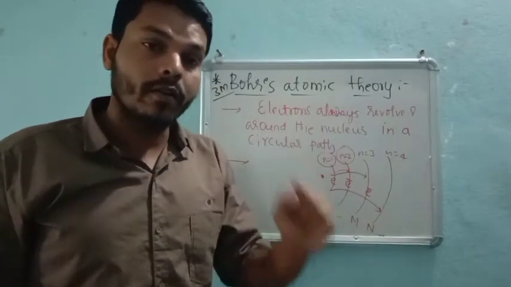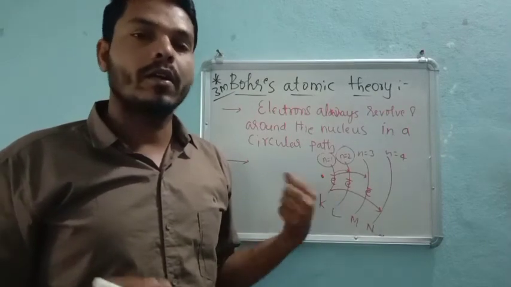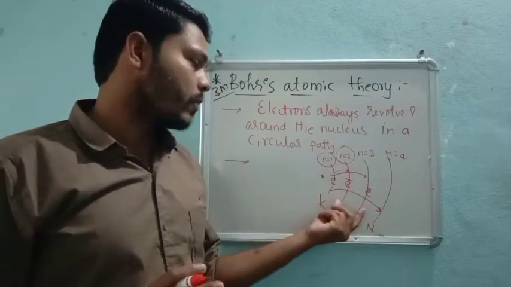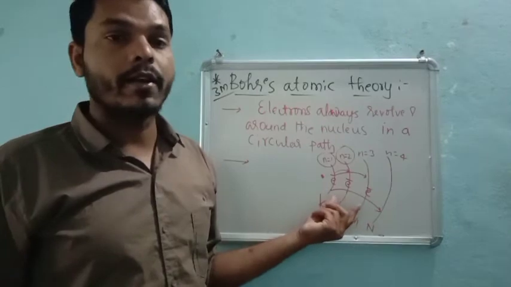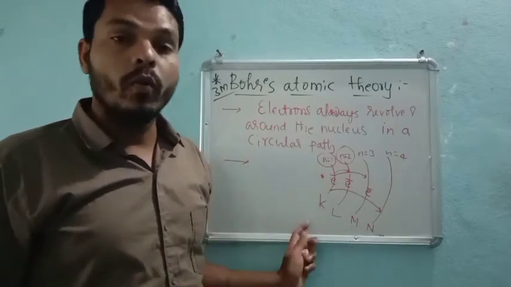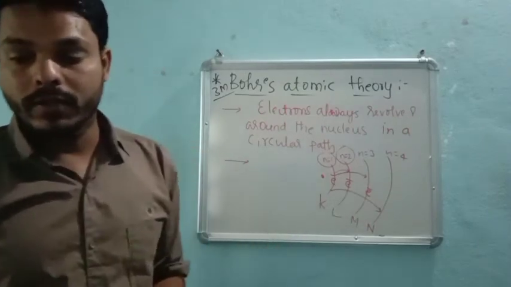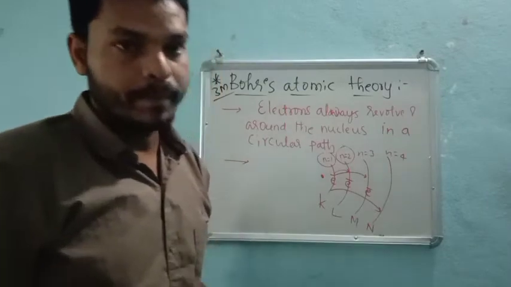Whenever the electron gains energy, applied energy or heat or sunlight, anything you can take, whenever the gain takes place, the electron jumps from lower energy to higher energy, right? It is called absorption.